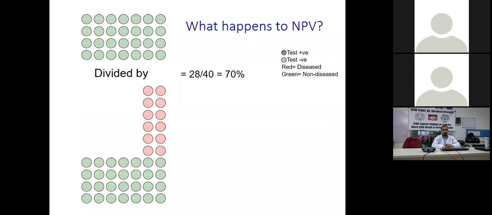In the new population, the denominator, those who are CRP negative, are only 40, and those who are true negatives in the numerator are 28, which makes it 70%. Remember, in the previous population, the negative predictive value was as high as 84% when the prevalence was only 40%. But with the prevalence increasing to 60%, the negative predictive value has dropped to 70%.